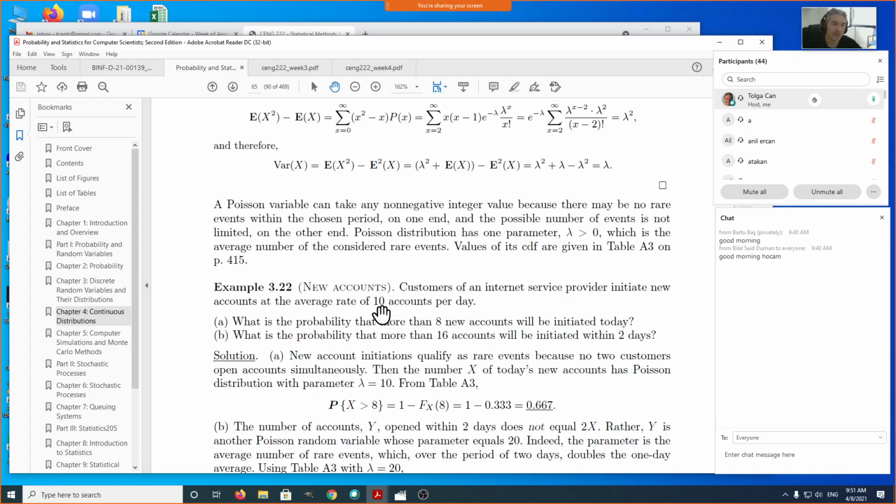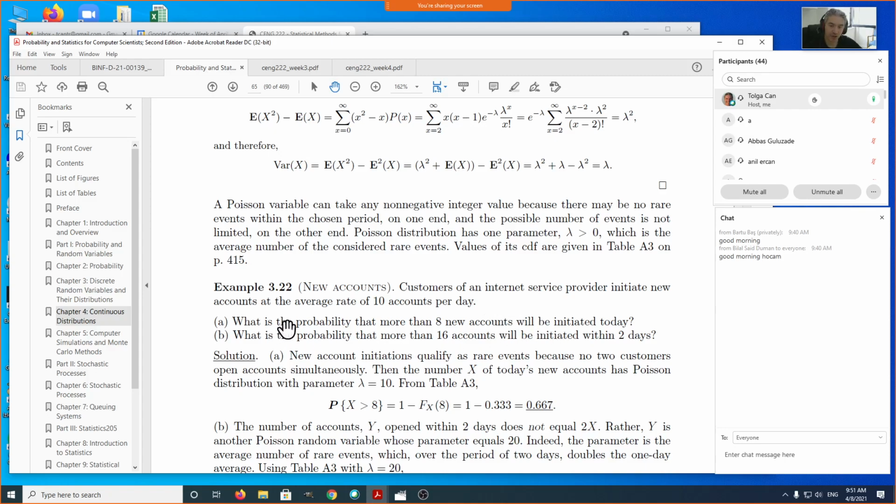So our lambda is going to be 70. What I'm saying is that when we're asked the probability about this internet service provider for what happens in a week, we need to treat it as a different Poisson variable in which the lambda is modified to account for this time change.